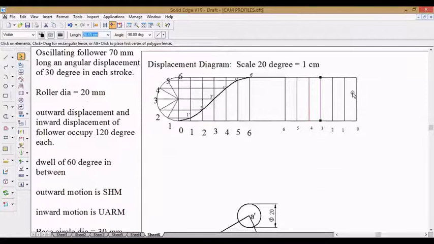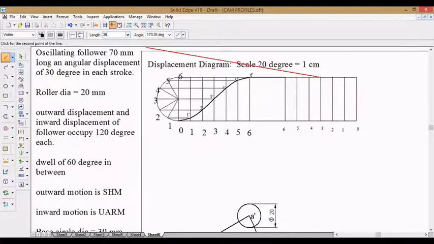The total length of the vertical line is 36.65. So 36.65 needs to be divided into 6 equal parts. So 36.65 divided by 6 means 6.11 mm.